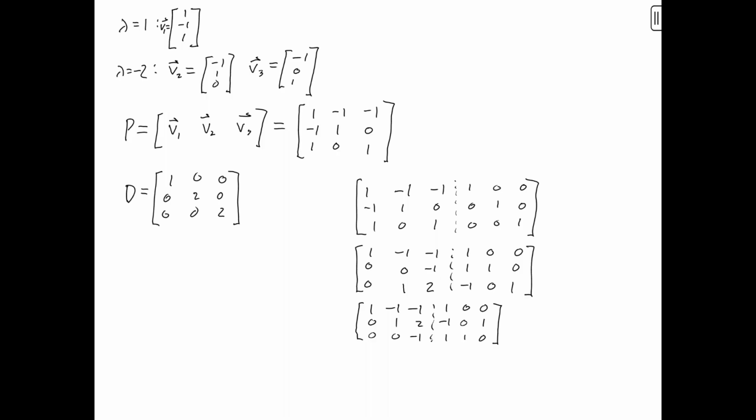And then multiplying the third row by -1 gives me 1, -1, -1, 1, 0, 0; 0, 1, 2, -1, 0, 1; 0, 0, 1, -1, -1, 0.